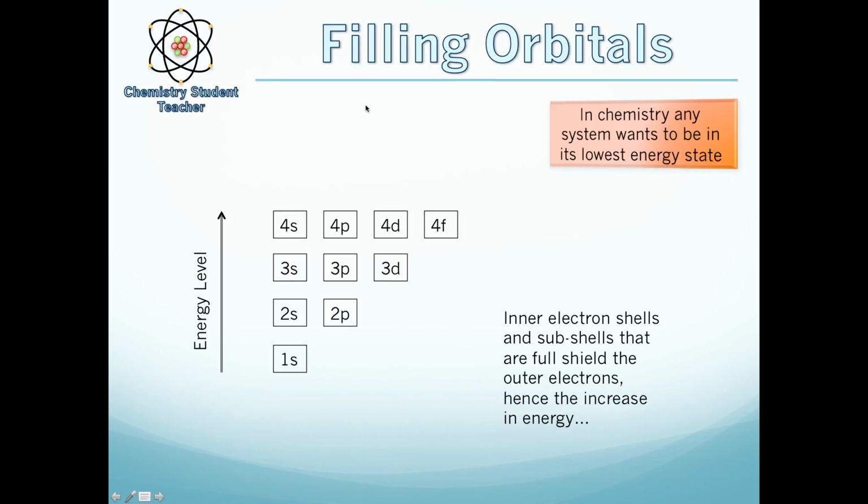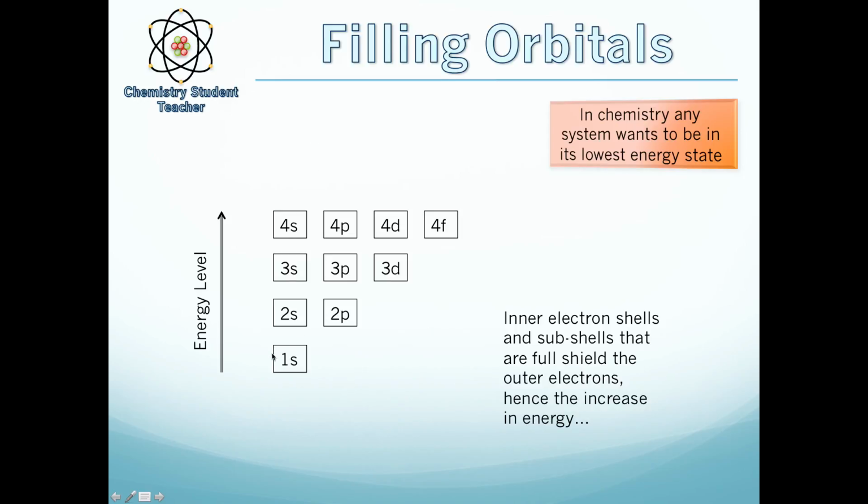So how do you know which shell, like n equals 1, n equals 2, 3 or 4, is the lowest energy, and how do you know if S, P, D or F are the lowest energy? The closer it is to the nucleus, the lower in energy it is, as it's more stable, because electrons are negatively charged and protons are positively charged, meaning they're attracted together a bit like magnets.